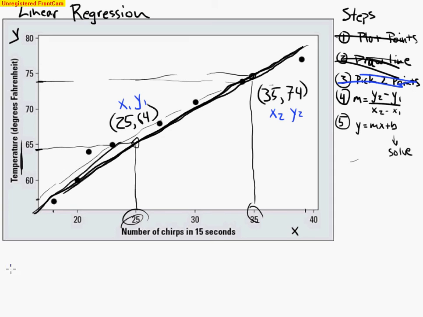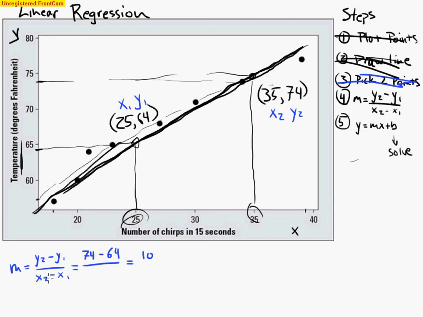So I have an equation, m equals y2 minus y1 over x2 minus x1. Pretty nicely labeled. Y2 is 74. So I take my 74 minus my 64. That's going to be 10. That's nice.